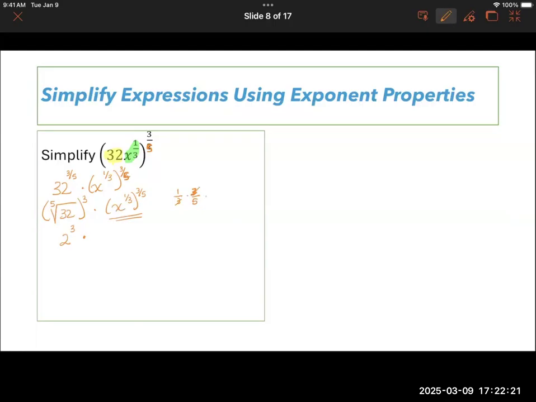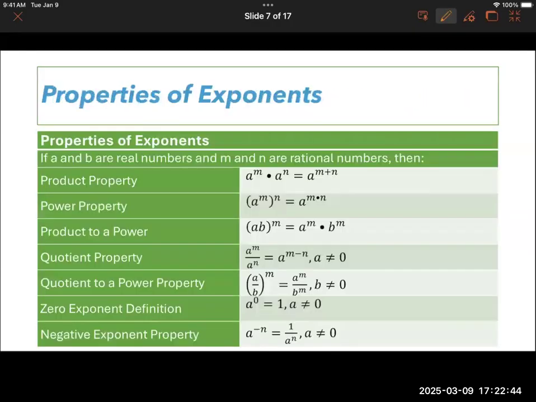The 3's are going to cancel out, and we end up with a 1/5. So this is going to be x to the 1/5 power, and then our 2 cubed will become an 8. So 8x to the 1/5 is going to be our final answer. And that all comes from just using those properties back on this previous page.